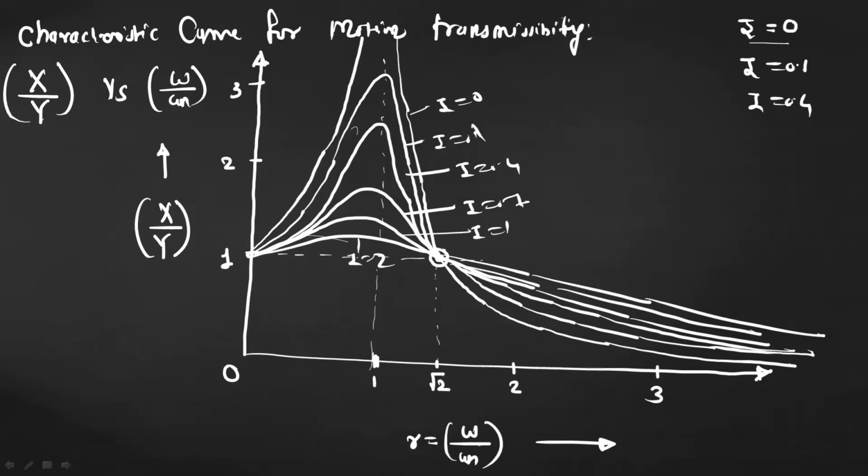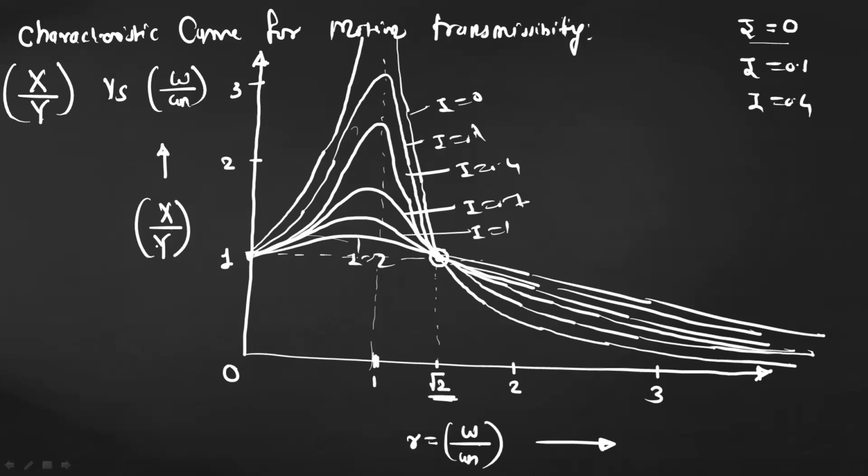The graph will start from 1, then gradually the transmissibility will increase, that is, it will become greater than 1. After the resonant condition, the transmissibility will decrease. At the frequency ratio square root 2, the transmissibility will again become 1, and then it will start decreasing for the higher frequencies.